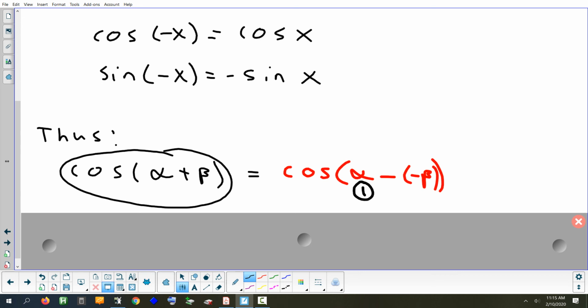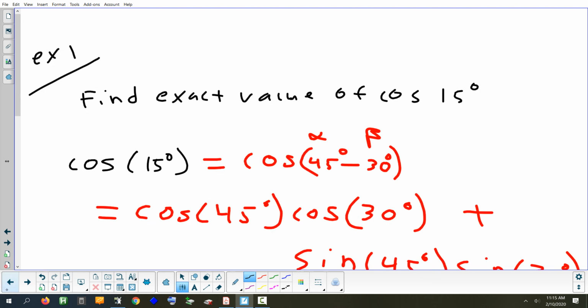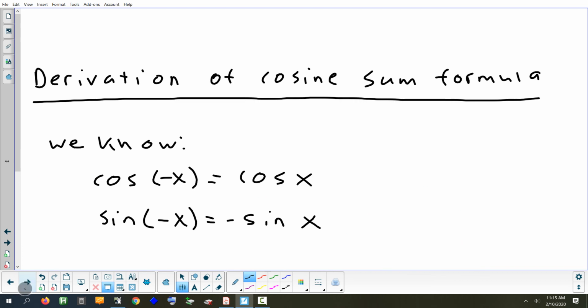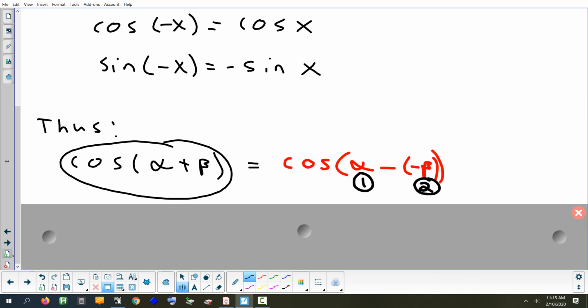That's the first thing. That's the second thing. That's the 1 and the 2 that we're going to fill in in those two spots right there. What comes before the minus sign is the 1. What comes after the minus sign, I'm calling that 2. So, what's before the minus sign? Alpha. What's after the minus sign?